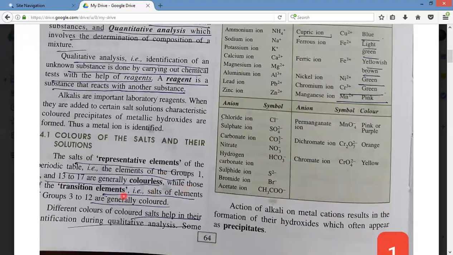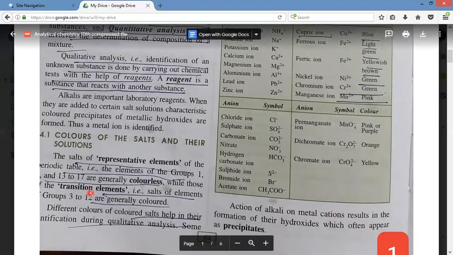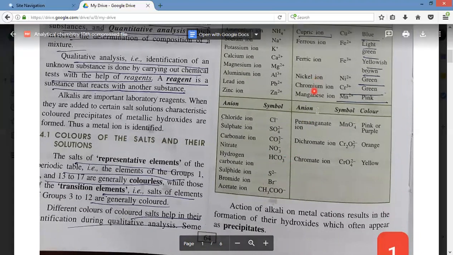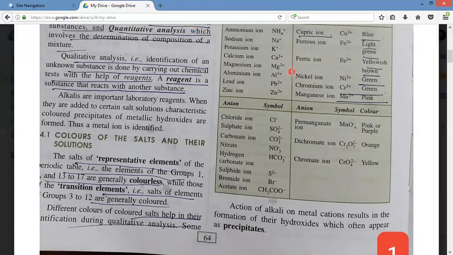On the other hand, transition elements, d-block elements, which are present in groups 3 to 12, are generally colored. And the different colors of those salts help to identify them in qualitative analysis. Some of these ions we have studied here, the colored and colorless ions.